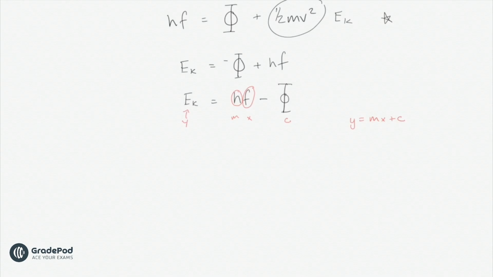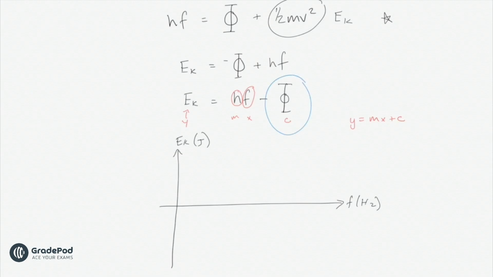So let's try that. Let's plot this graph. We'll have EK on the y-axis. We'll plot an x-axis, but instead of the x, we'll put our frequency of radiation, in hertz. And we're going to have a positive gradient. So the line is going to be a straight line with a positive gradient. And you can see here that that's a negative intercept.